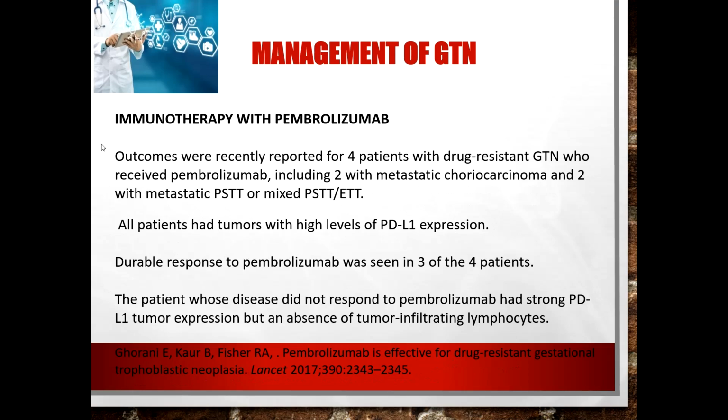So outcomes were recently reported for 4 patients, including 2 with metastatic choriocarcinoma and 2 with metastatic PSTT or mixed PSTT-ETT. All patients had tumors with high levels of PD-L1 expression. Durable response to pembrolizumab was seen in 3 of the 4 patients.